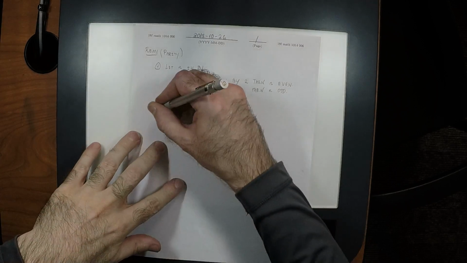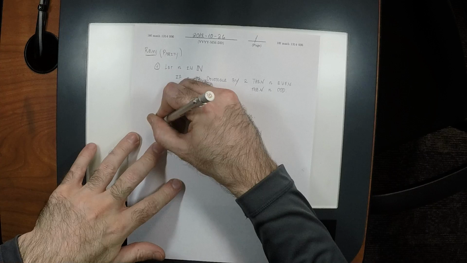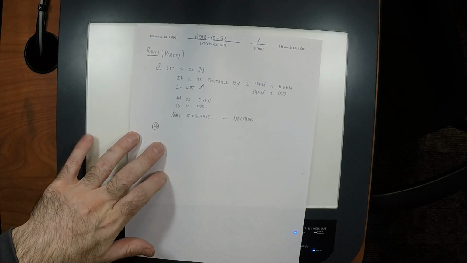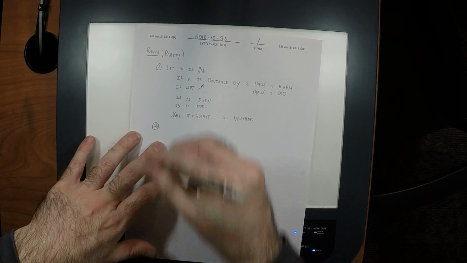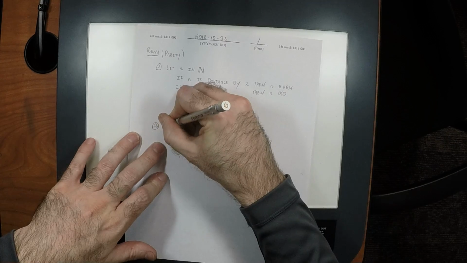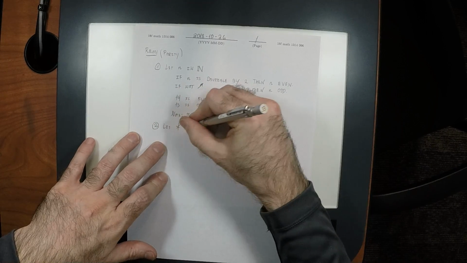Okay, so fine. Then last time we were talking about transformations of functions, and the place that we left off was we said something like this. We said let f be a function.